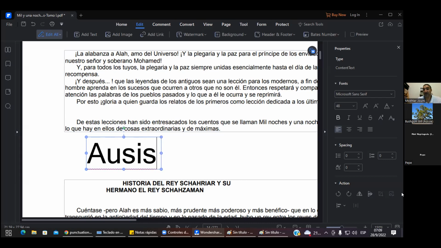Does it have a plural form? Aussies, that's the plural form. So Bill is an Aussie? Yes. Is that for the country name or the adjective? For the adjective. The country name is Australia, and Aussie. Austria is something else. Exactly, Austria.